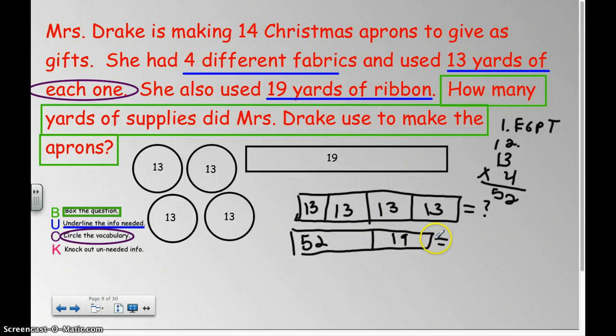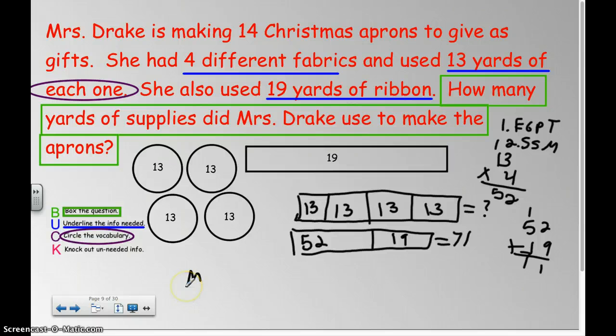And then I want to know, what does that equal? So my next step is sum and some more, because I have some and I have some more. So 52 plus 19 is 71. So that is my answer to this problem.